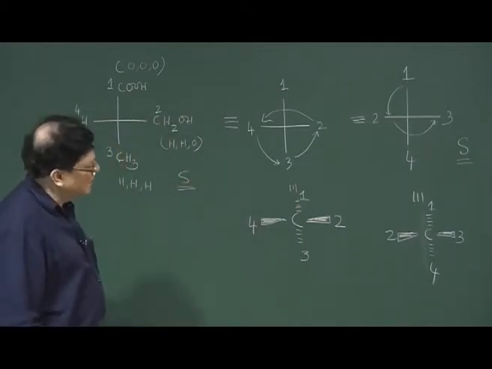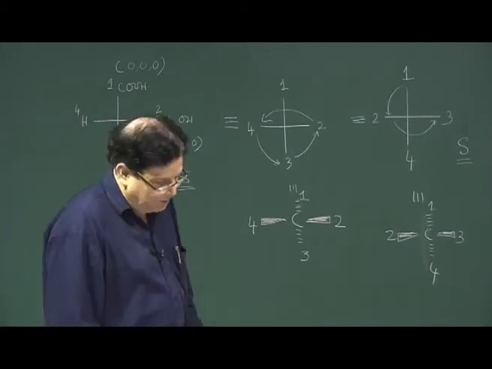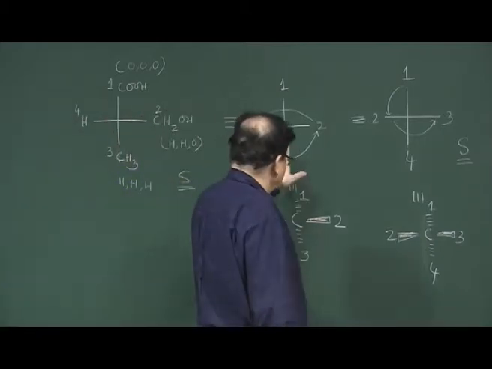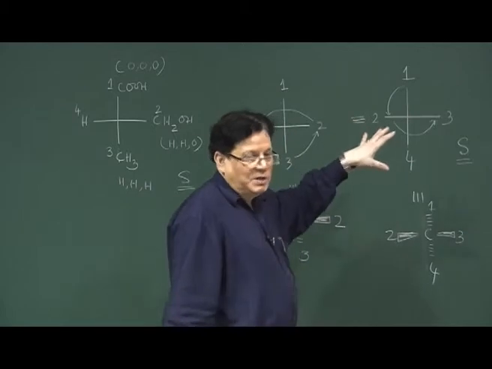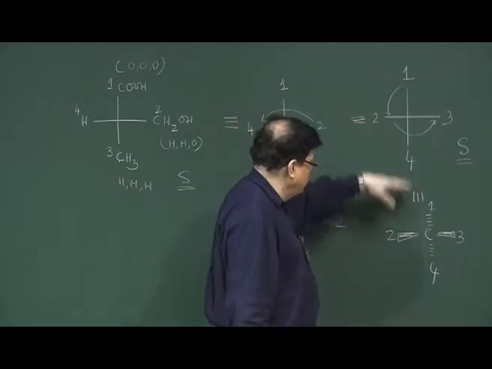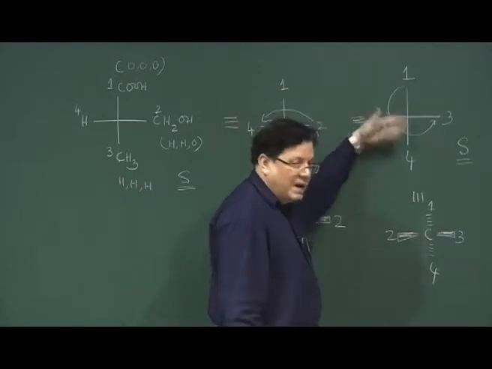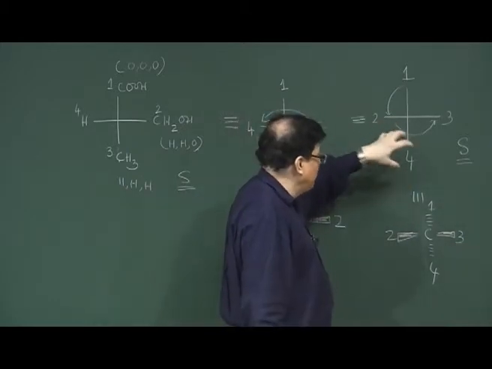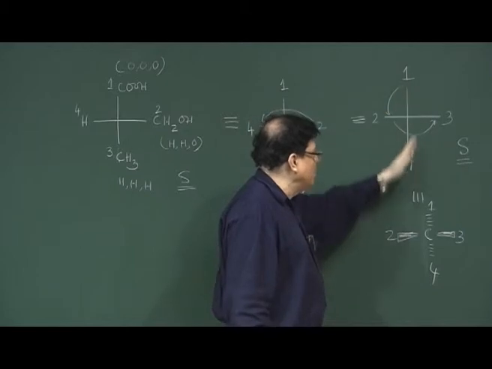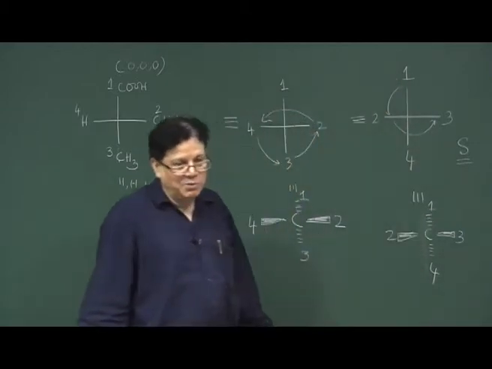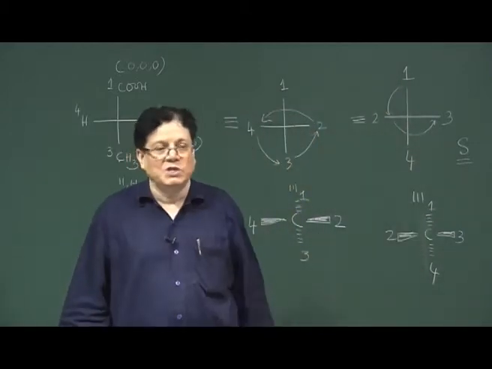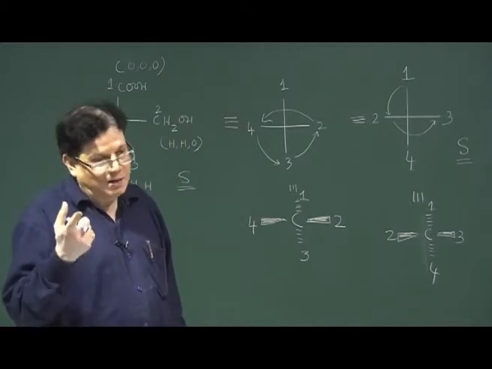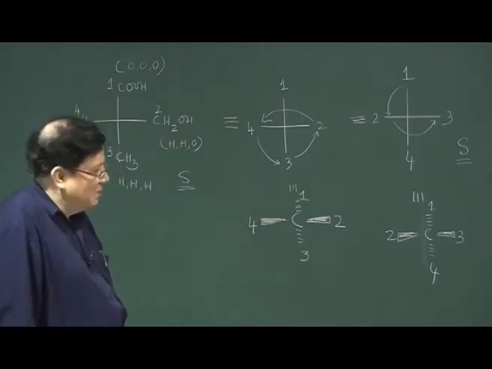Okay. Some people avoid this exchange. Now, this is the original one, which is called the very good rule. That means, if the fourth group is not occupying the vertical position, you bring it to the vertical position, and then whatever you see gives you the R or S configuration.